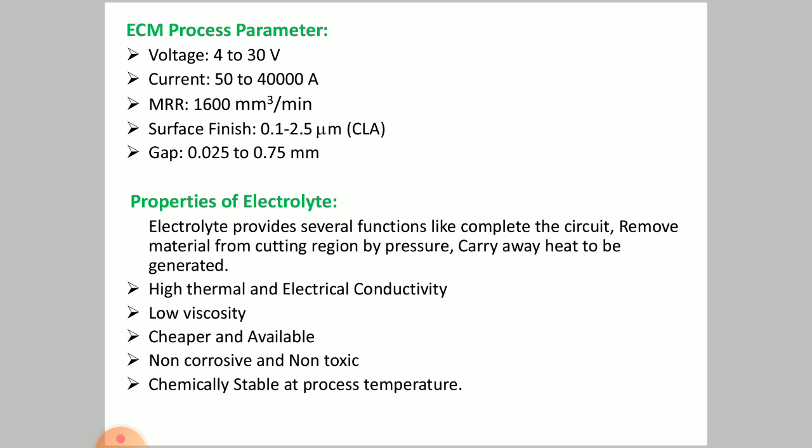As one of the points we discussed in the distinguishing parameters, not all processes are suitable for all the metals in non-conventional machining processes. That reflects this point. It should be non-corrosive. If we are using the brine solution, it may result in corrosion, right? It should be chemically stable at the process temperature.